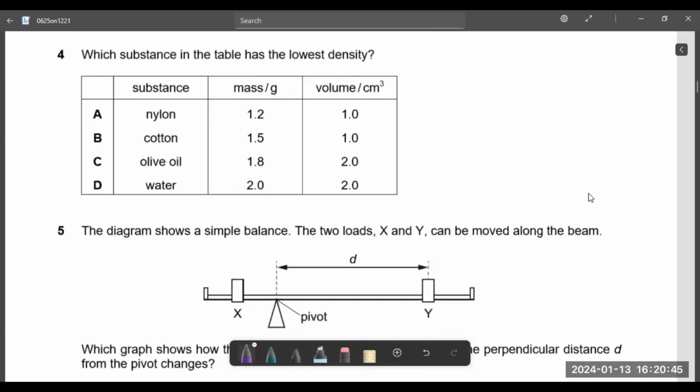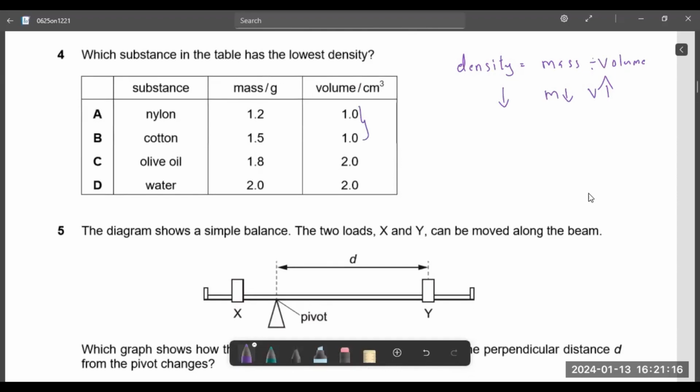Which substance in the table has the lowest density? The density will be equal to mass divided by volume. So density is lowest means mass should be less and volume should be maximum.